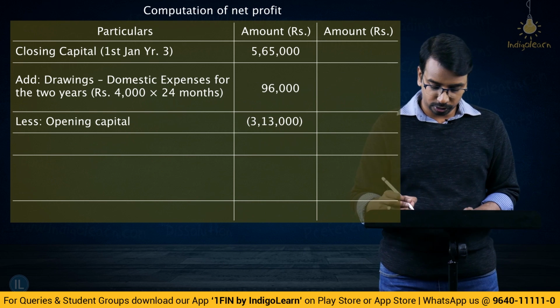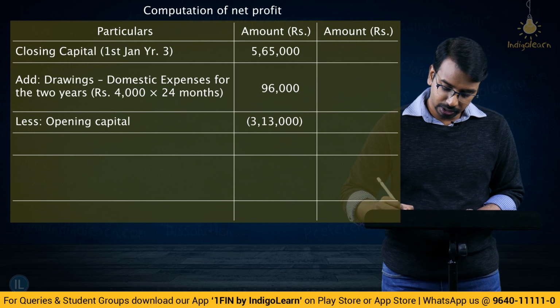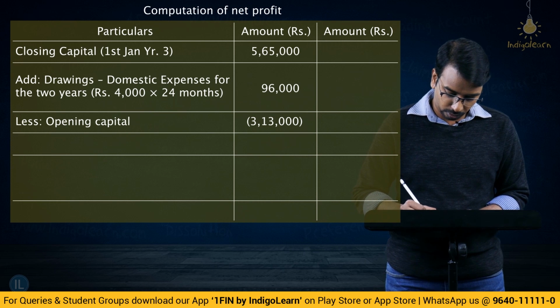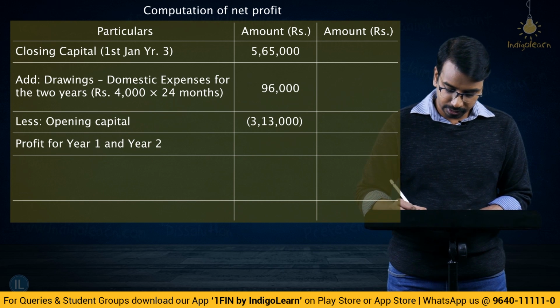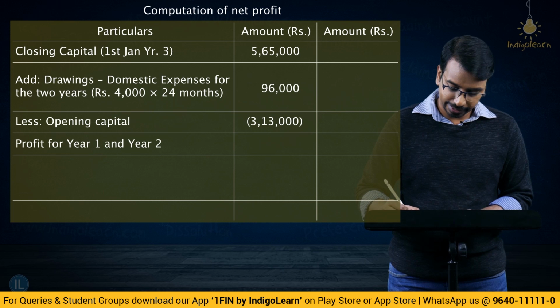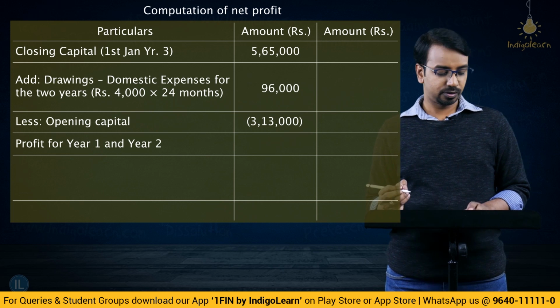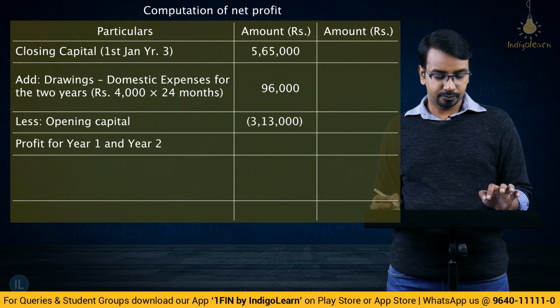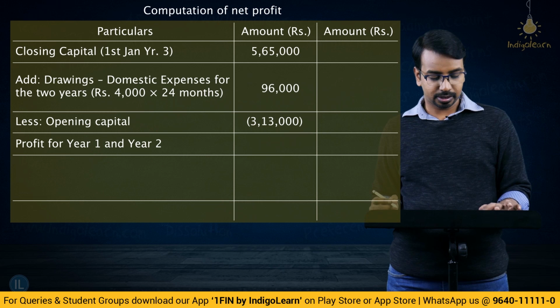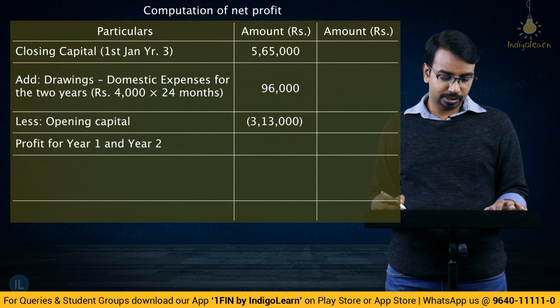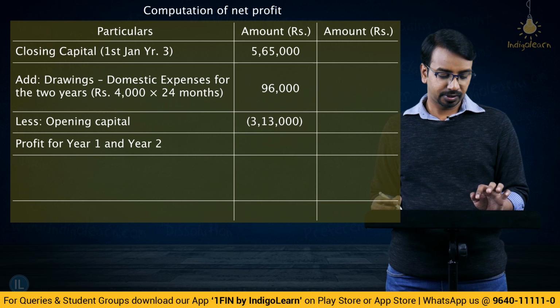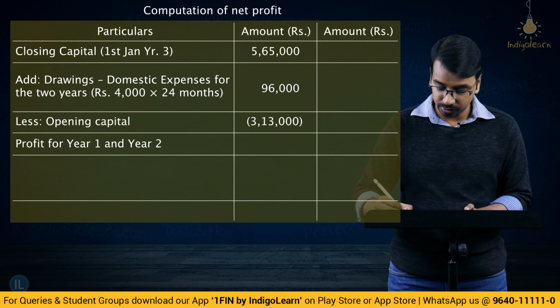Once you deduct this opening capital, what you will get is the profit for year 1 and 2. So 5,65,000 plus 96,000 minus 3,13,000, 3,48,000 is the profit.